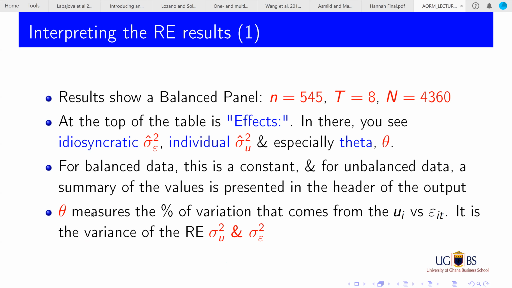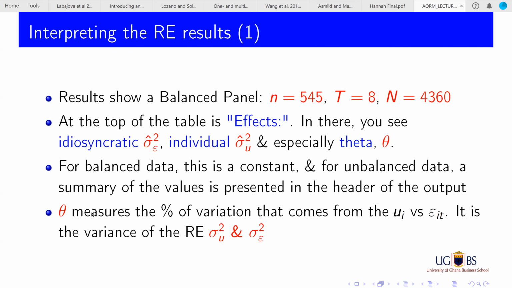We call it the variance of the random estimator. So what the theta is telling you is that technically, we didn't want the unobserved heterogeneity to be in the composite error. So the theta is telling you the variability that is coming from this unobserved heterogeneity inside the error.